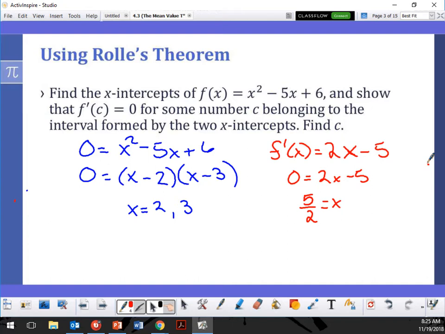So my c value is going to be here: c is equal to 5/2. That's what it means. Those are my two endpoints, so these would be closed brackets of 2 to 3 in my interval, and the derivative is going to be 0 there.